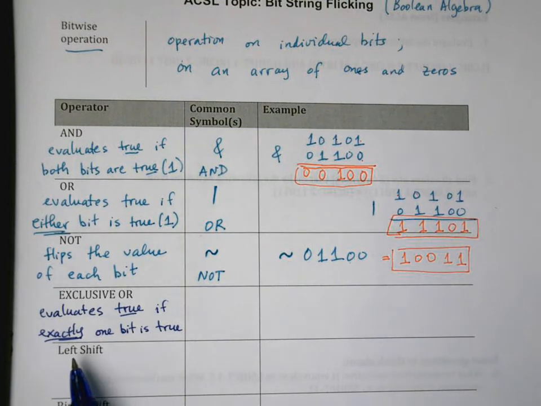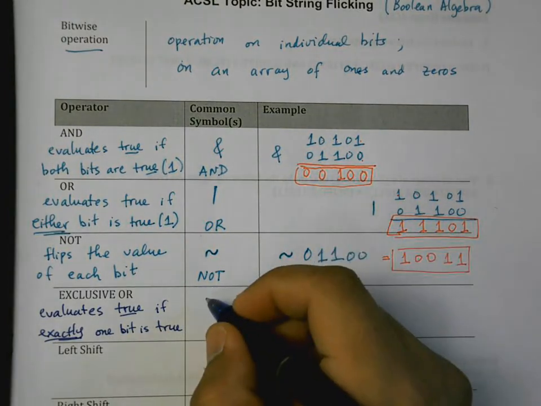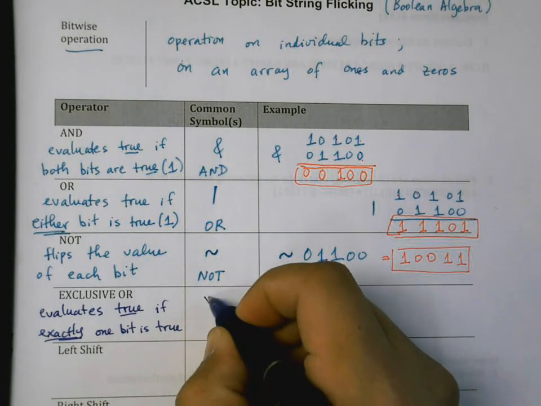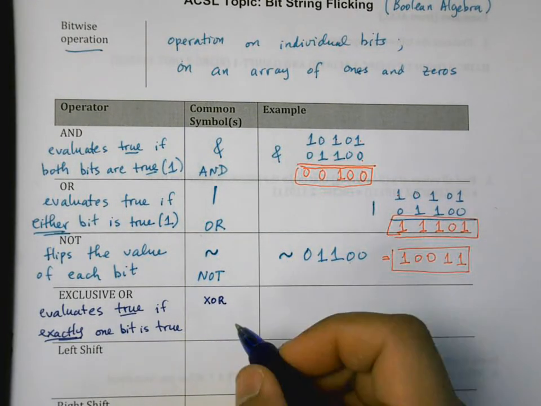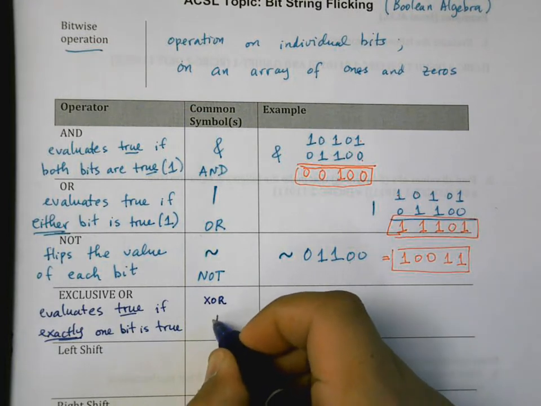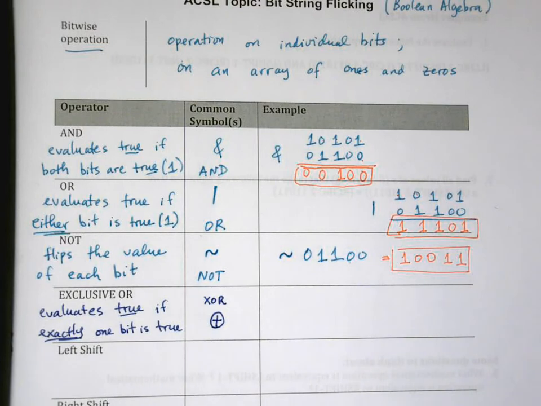Another way to think of this is exclusive OR evaluates to true if the bit values are different. The symbol that many people use is the XOR, just writing out the word XOR. Sometimes they will use this plus sign with a circle around it. That means the same thing as exclusive OR.